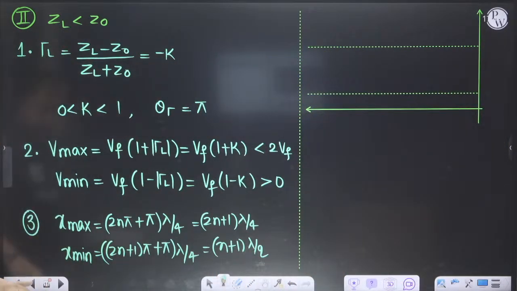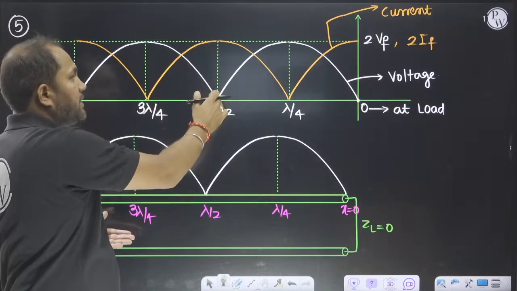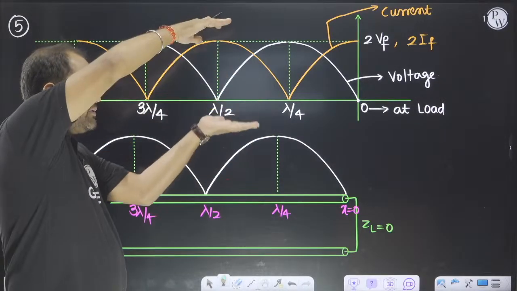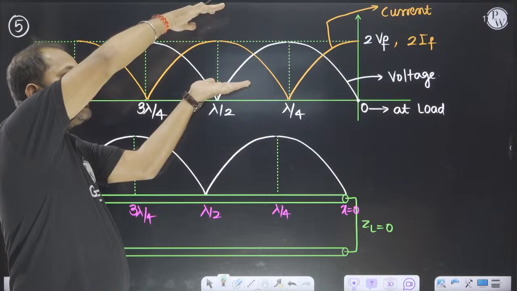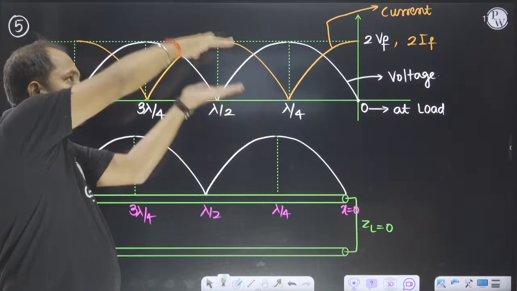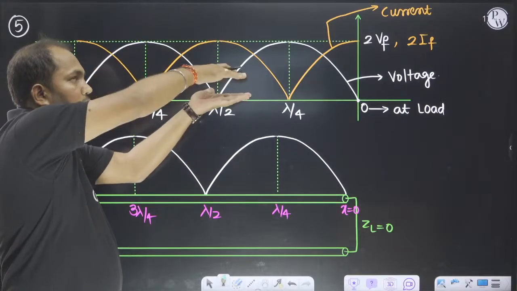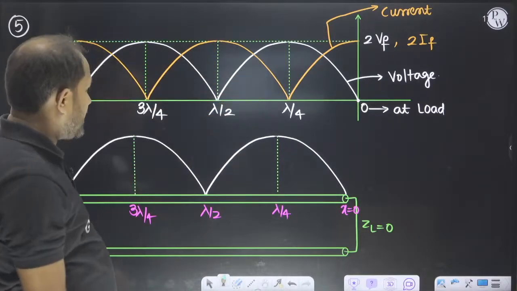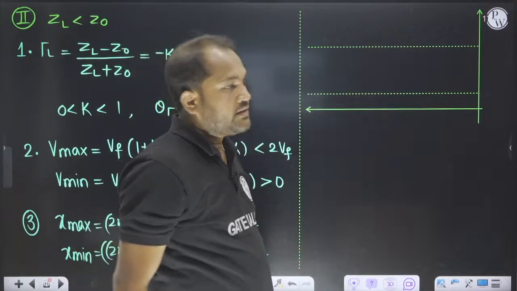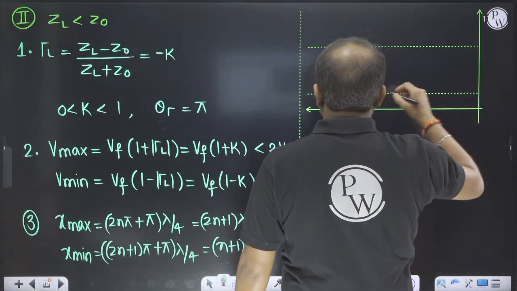Why does it shrink? Earlier Vmax was 2 Vf and Vmin was 0. Now Vmin is going upward, greater than 0, and Vmax is going downward, less than 2 Vf. So the graph is shrunk, and we can draw it.